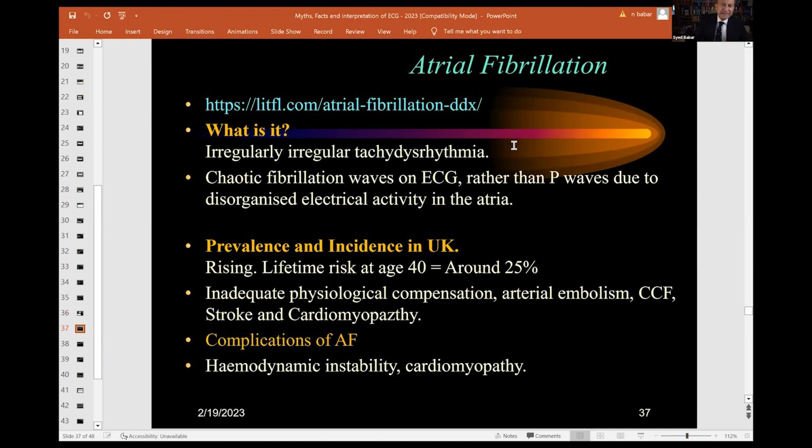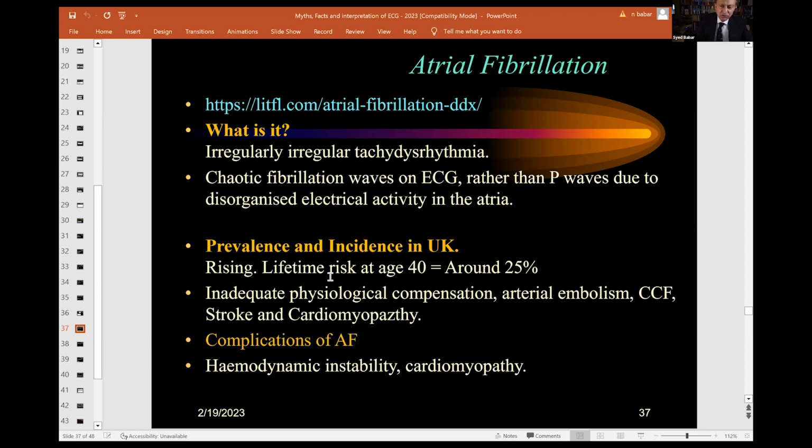We go on to atrial fibrillation now. It's an irregularly irregular tachydysrhythmia, with chaotic fibrillation waves, and P waves are disorganized or may not be visible. It's usually present at age 40 if it is produced, and 25% of people will have a lifetime risk.